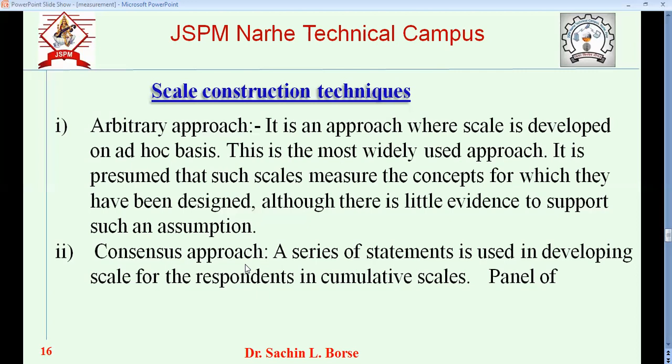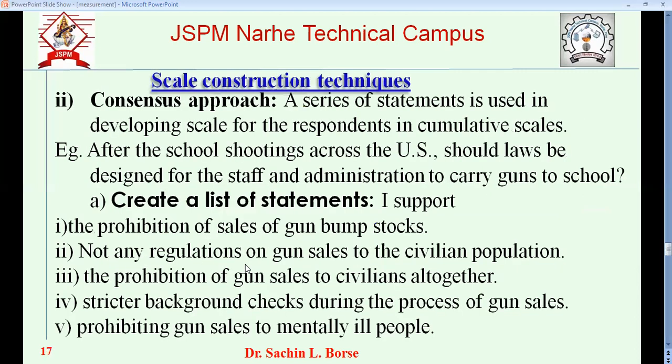We'll see an example of how to create this consensus approach. So we create a series of statements, take the responses for the statements, and then build the scale.